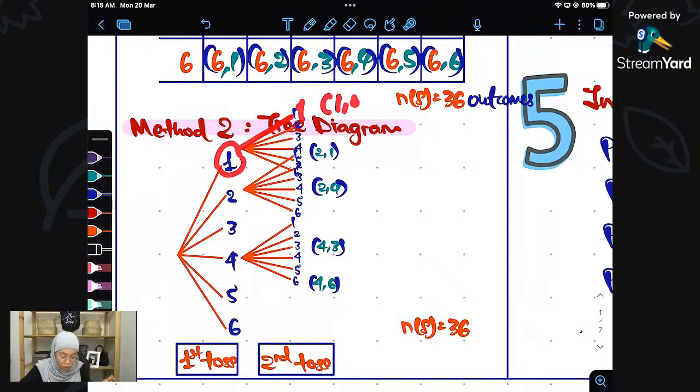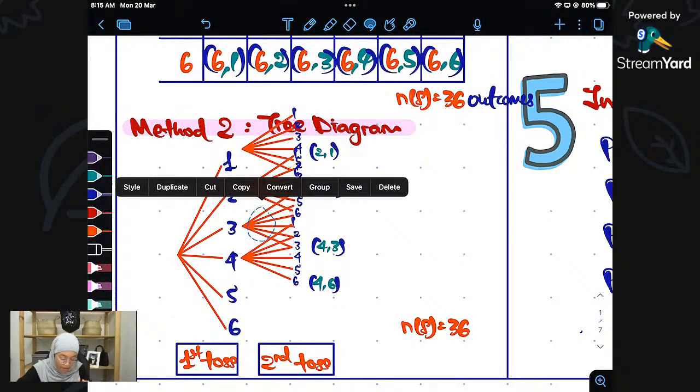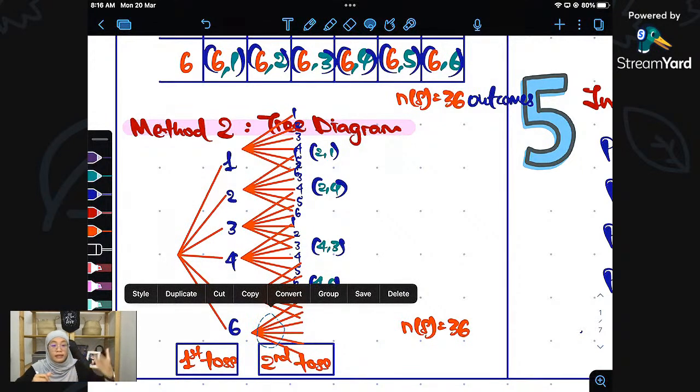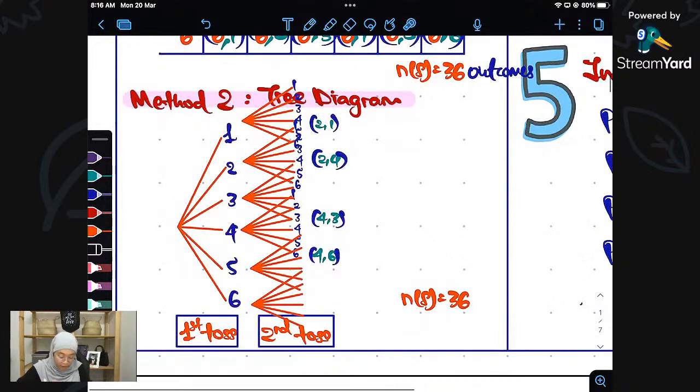It will either give you 1-1 or 1-2 or 1-3, the same thing, 1-1 or 1-2 or 1-3 or 1-4 and so on. So each of these numbers will actually have a fan shape like this. I want you to know that every number in the first toss has another toss. Every first toss has another toss.